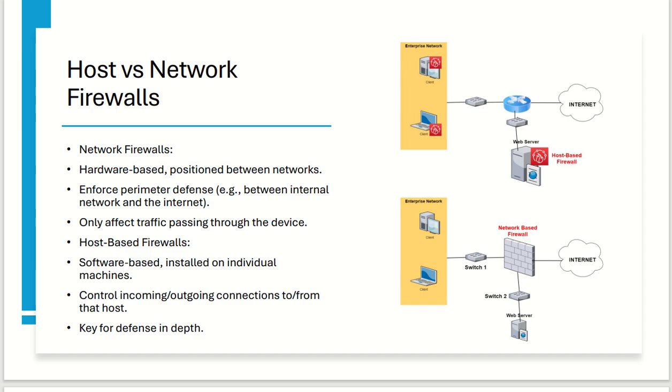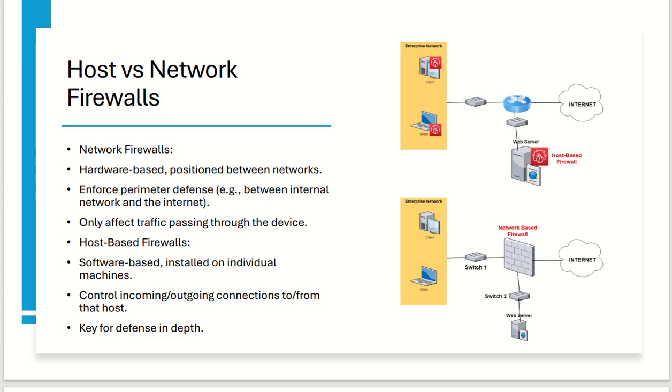Network firewalls are made from hardware and they are usually positioned between networks at the perimeter. And so they are regarded to be perimeter defense mechanisms, for example, between the internal network and the internet. They only affect traffic that has to go through the firewall device itself.